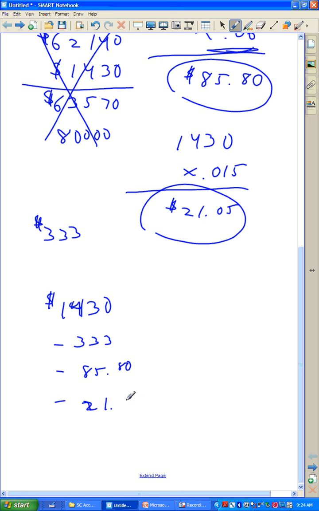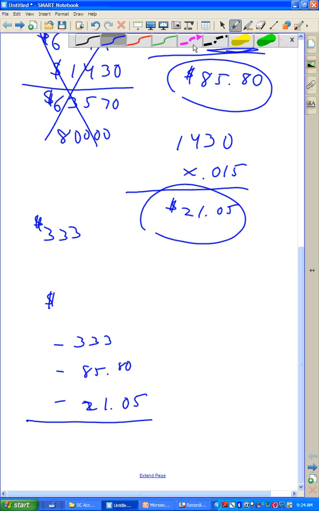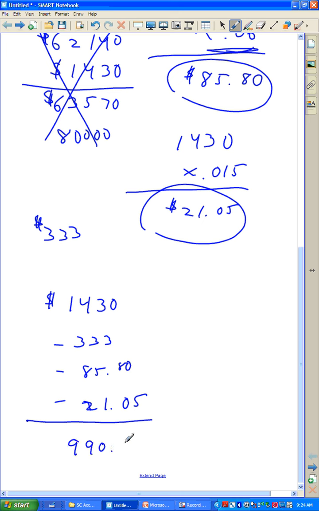My writing's not good, I'm sorry folks, but anyway, when I do all this, $1,430 minus 333 minus 85.80 minus 21.45. If I do the math, I get $990.15. Okay, there's my final answer. That is the net pay for this person during this work period.